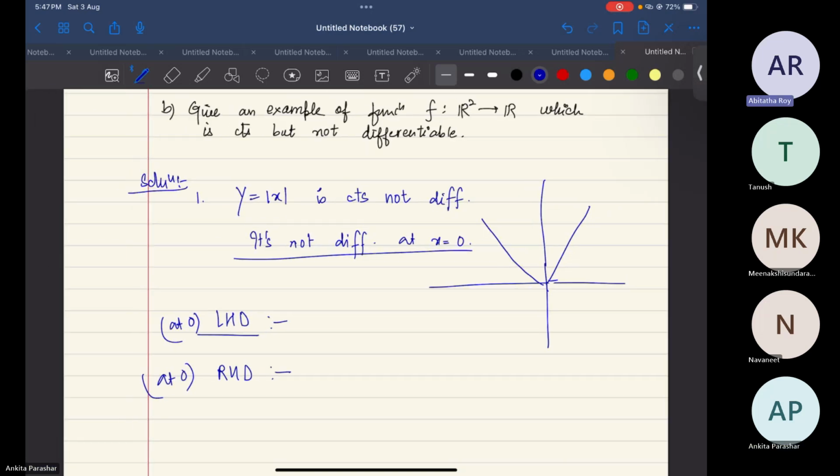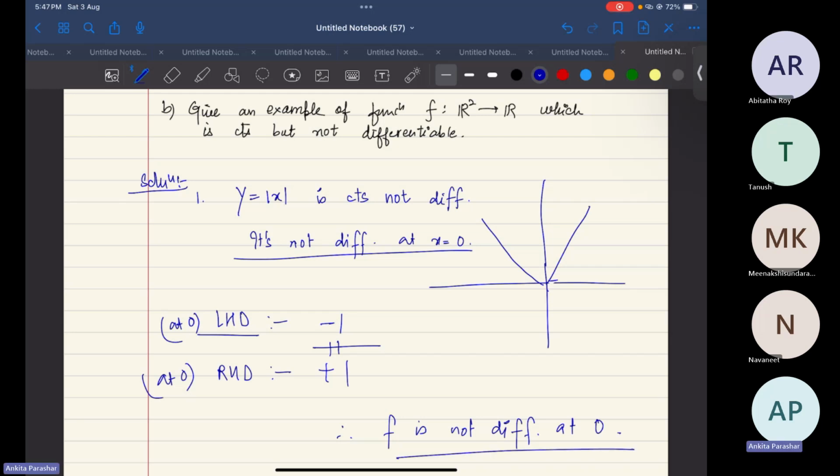The left hand derivative would be -1, the right hand derivative would be +1. Exactly. Since they are not equal, the function is not differentiable. And at other points, it is continuous and differentiable. So the issue is only at zero.